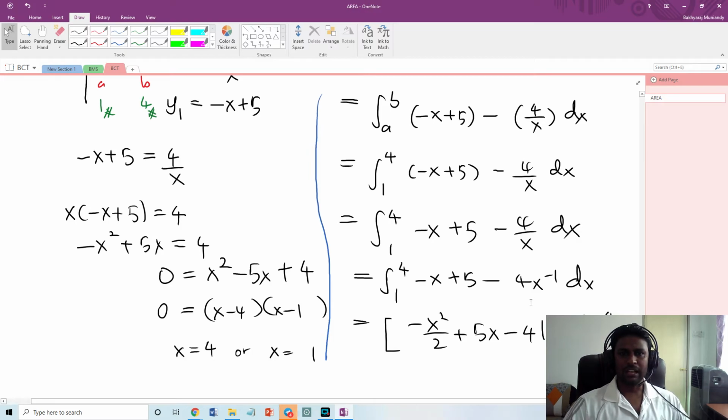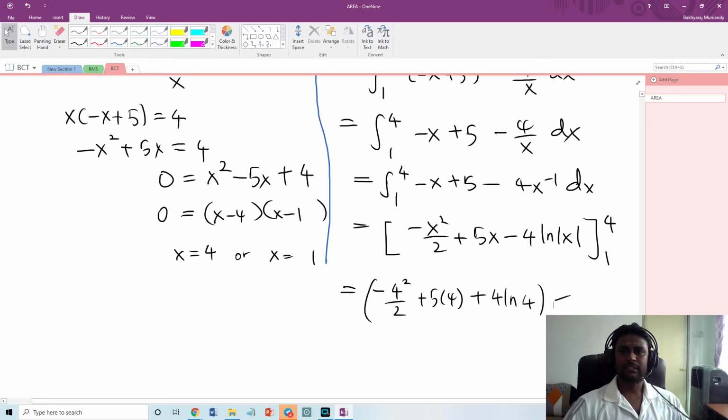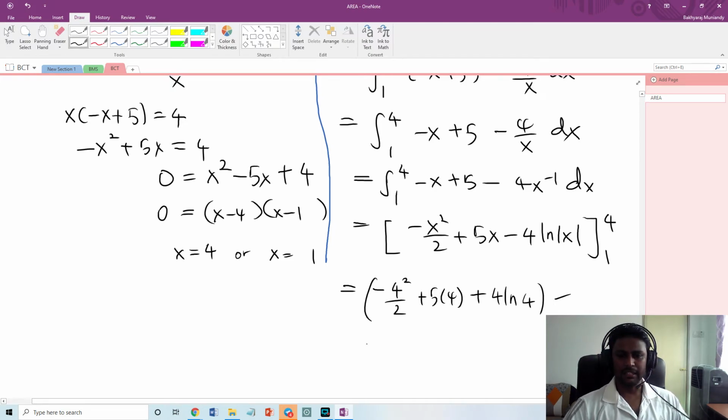Now that we know this, we go for the substitution. So this one we substitute, we get negative 4 square over 2 plus 5 times 4 plus 4 log 4. Minus, then another answer will be negative 1 power of 2 over 2 plus 5 times 1 plus 4 log 1.